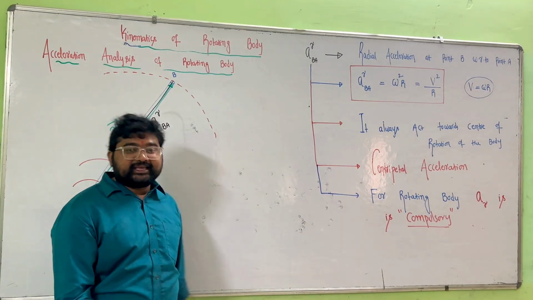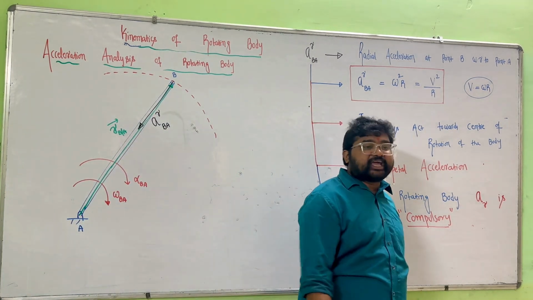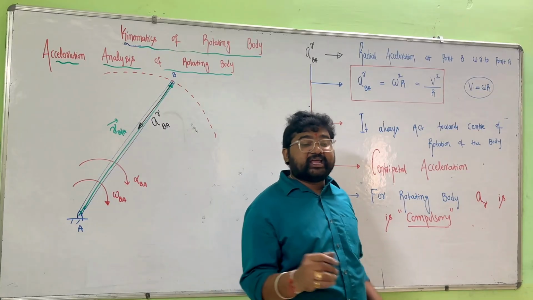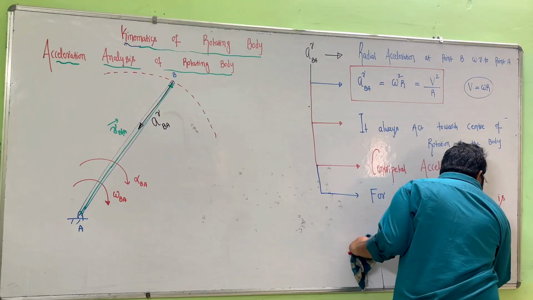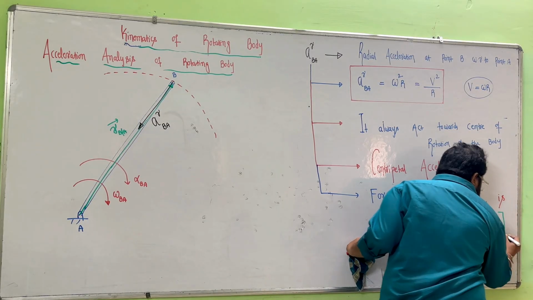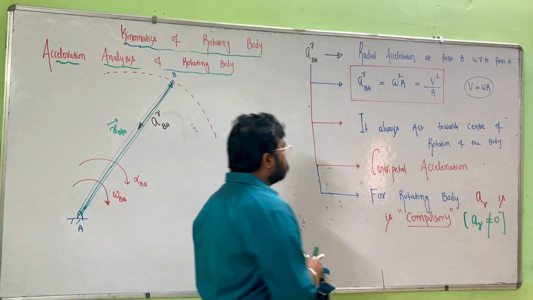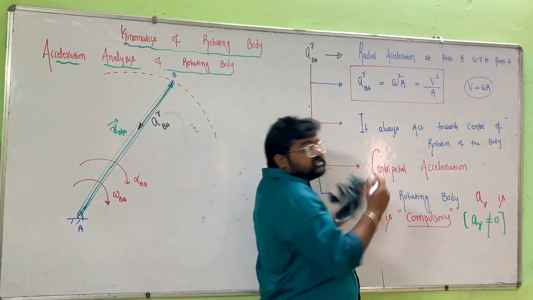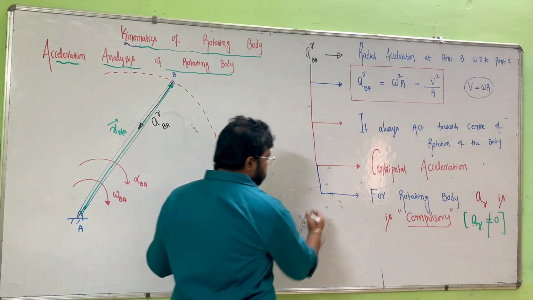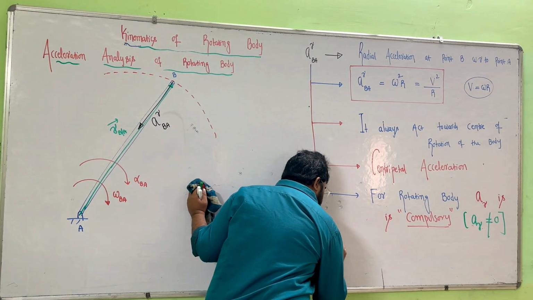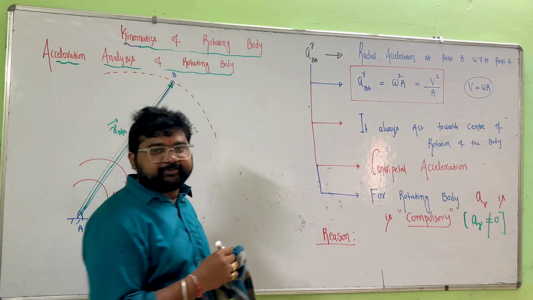Whether the body is rotating or in circular motion, in both cases radial acceleration is not equal to 0. Radial acceleration can't become 0. What is the reason for the existence of radial acceleration?